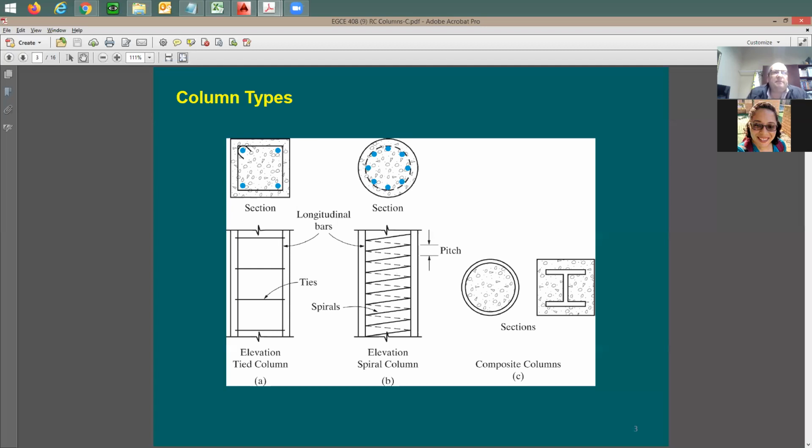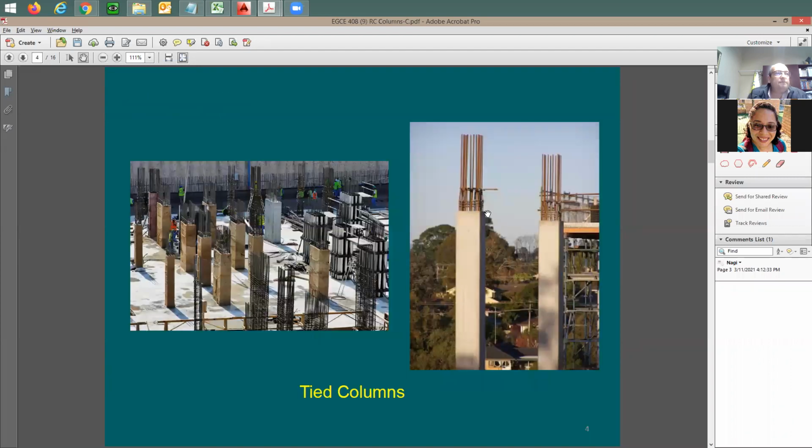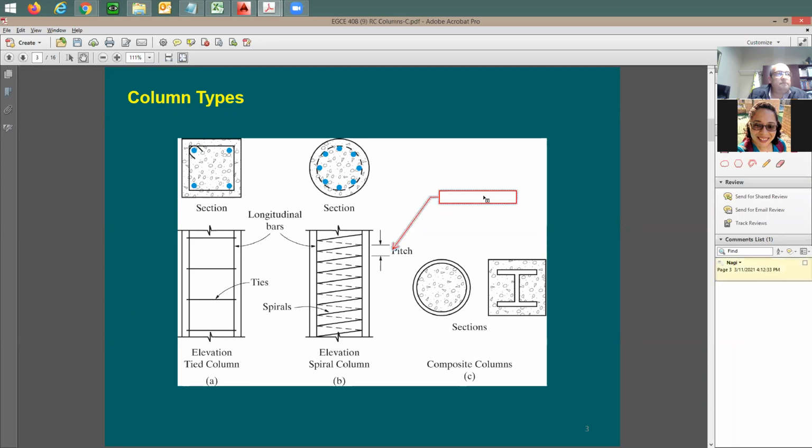So I'm going to give you some standard numbers that we usually see. This pitch here is going to be about 3 inches when we do spiral columns. The vertical spacing between ties is going to be about 6 inches.